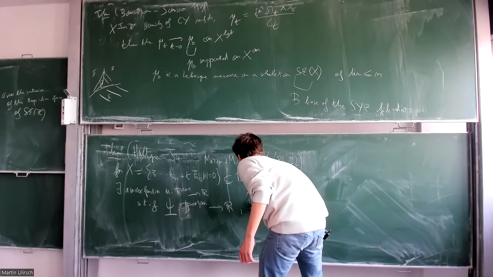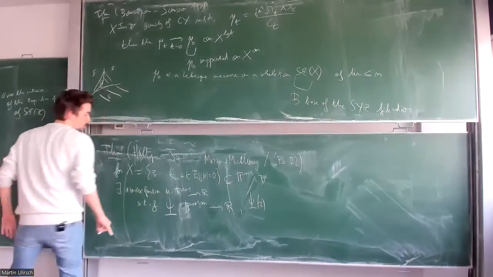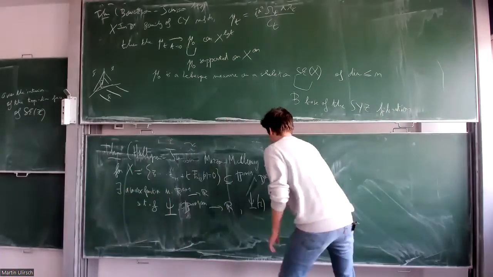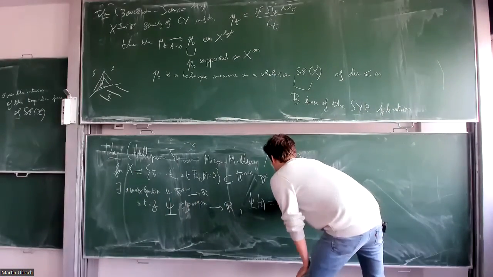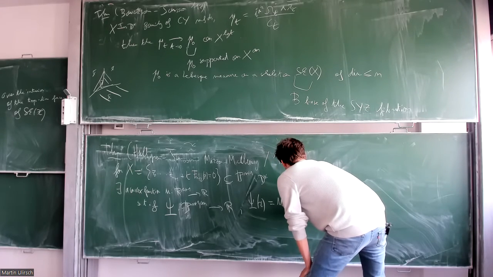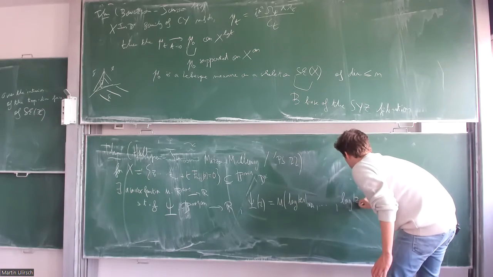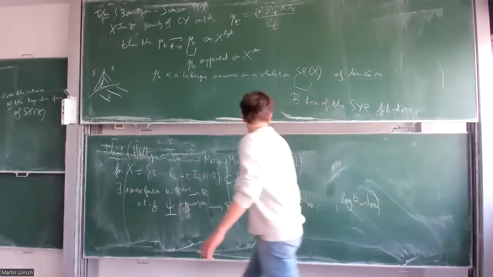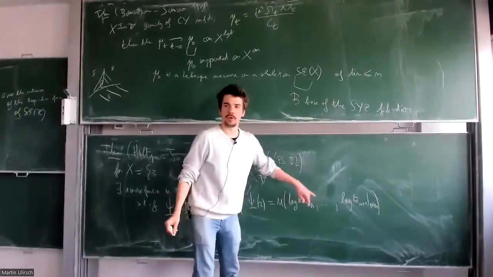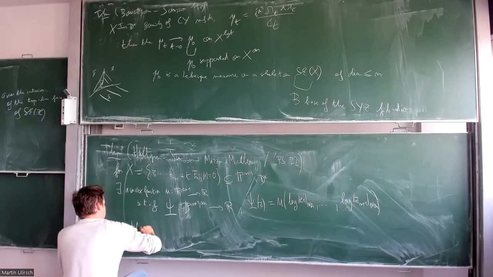So psi of x is going to be u applied to the log of the modulus of the coordinates at x. So this is u of log |z_1| non-Archimedean up to log |z_{n+1}| non-Archimedean. So this is a convex function in the log of the modulus of the coordinates.